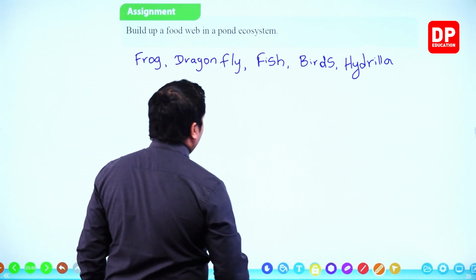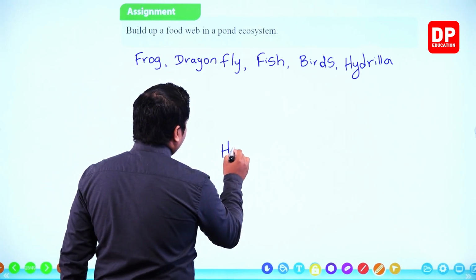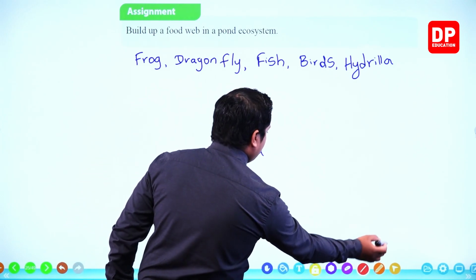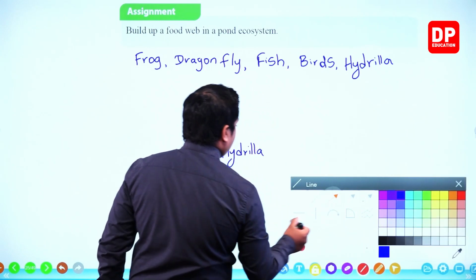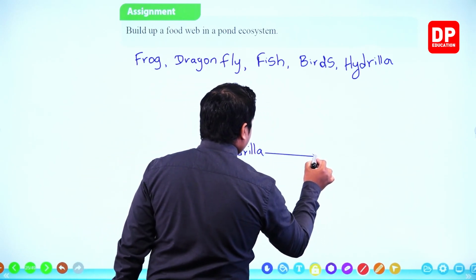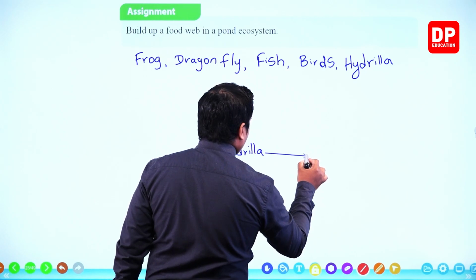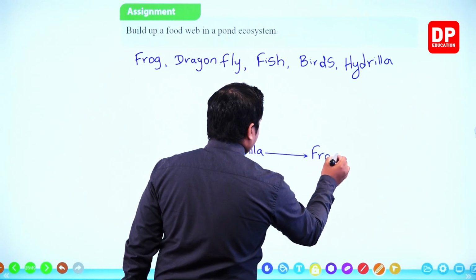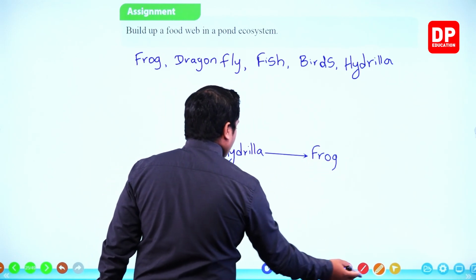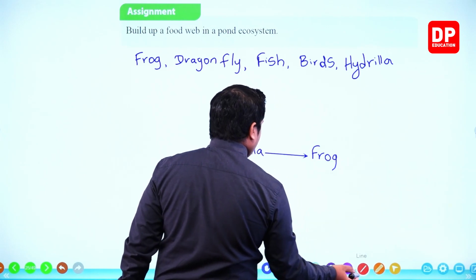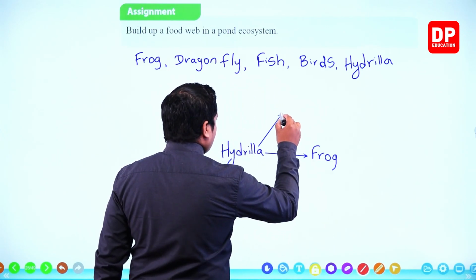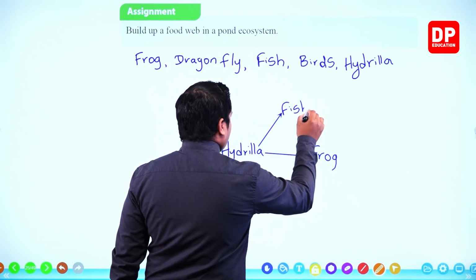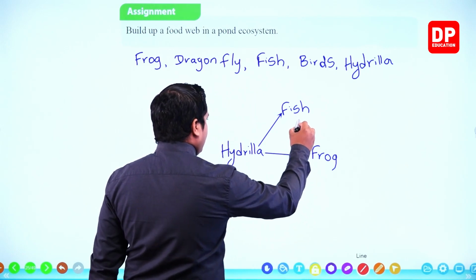So starting from hydrilla plant. Hydrilla plant is being eaten by frog. And you know that hydrilla plant is being eaten by, again, fish. Then my dear children, fish is being eaten by frog.